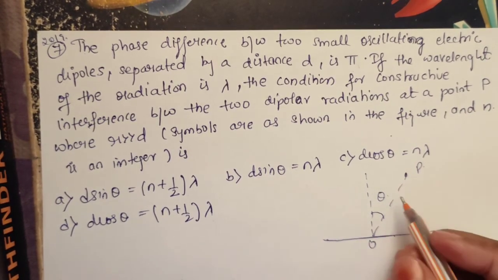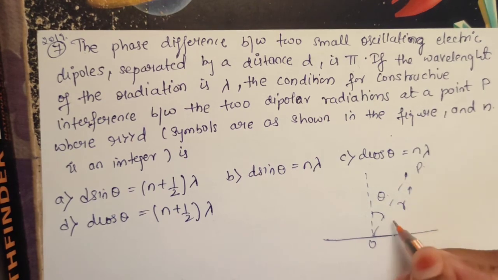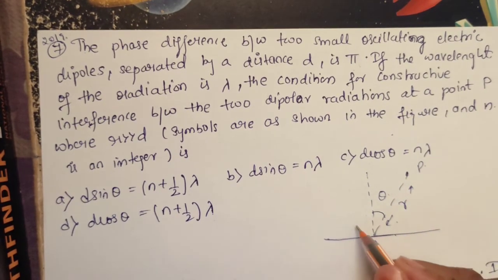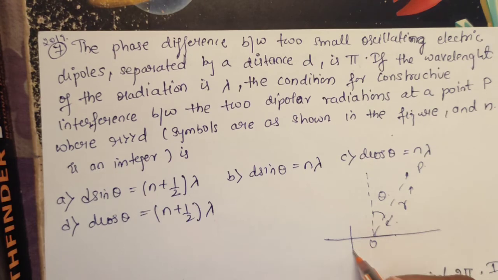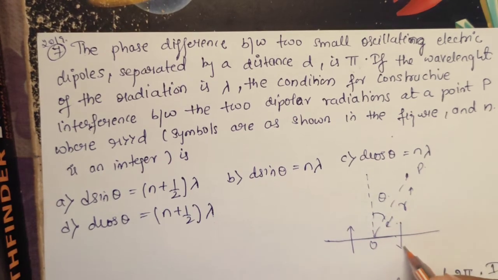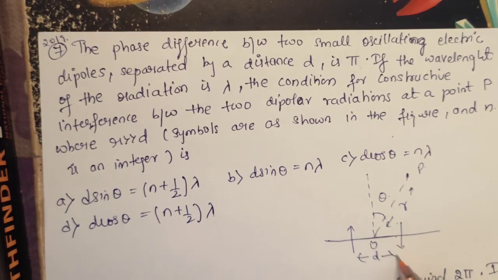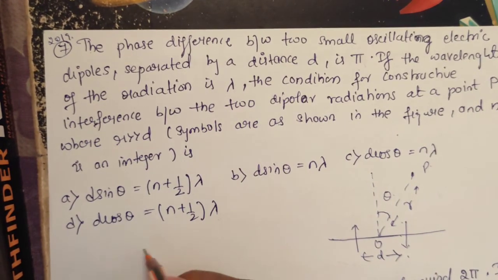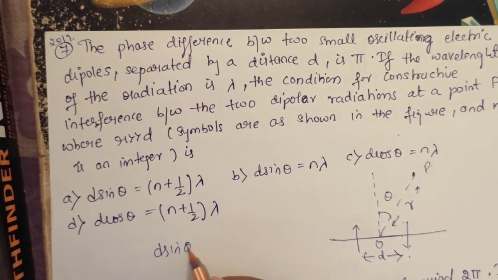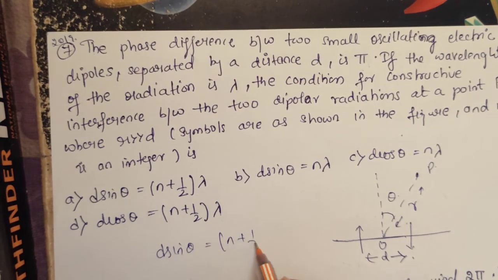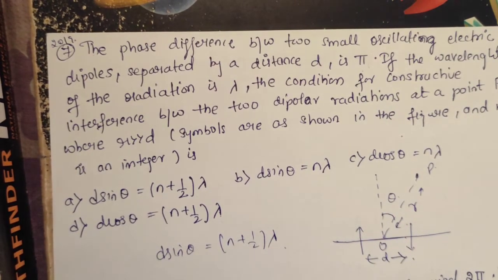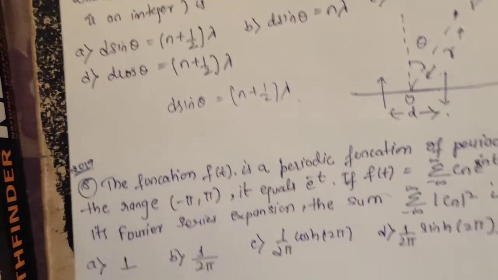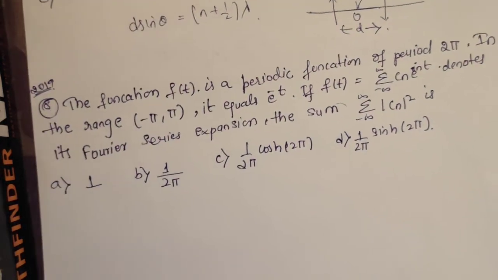And this is the point O, and this is at a distance of R. One dipole is upward and one is downward, and this is the distance d. For this figure, we can say that the answer will be d sin theta equals n plus half of lambda.